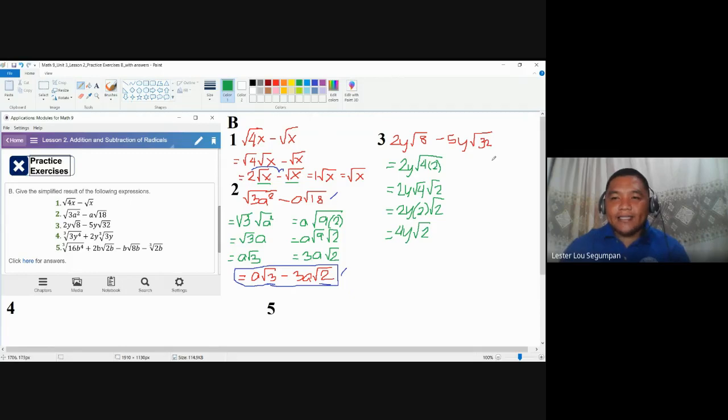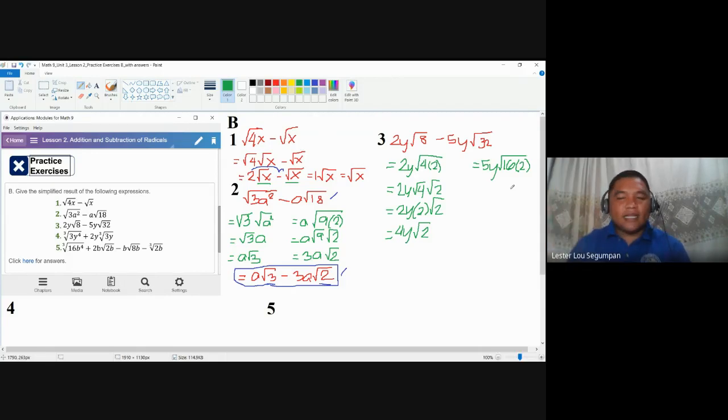As for your second term, again, we are not yet combining them. You have 5y, and square root of 32 can be rewritten as square root of 16 times 2 because 16 is a perfect square. You may want to start with 4 times 8. You may do that, but 8 can still be simplified as 4 times 2.